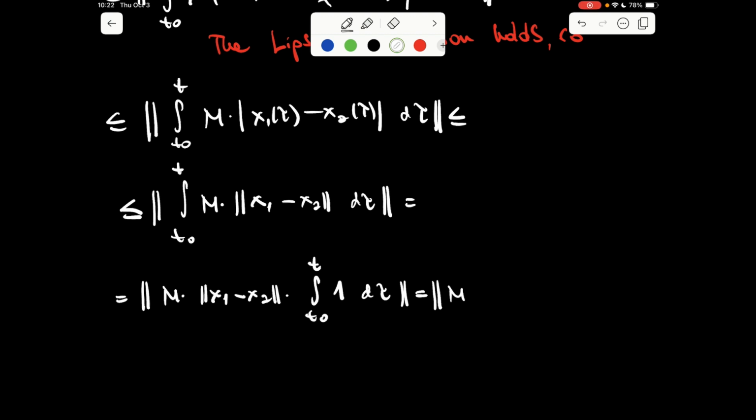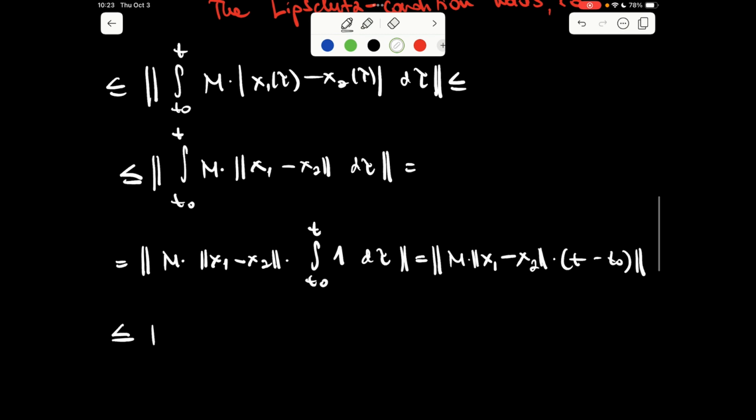If we complete the integral between t and t0, then we have this expression, which cannot be higher. Note, we use the max norm, so the maximum of this expression is when t is t1, which is the upper limit of the interval.